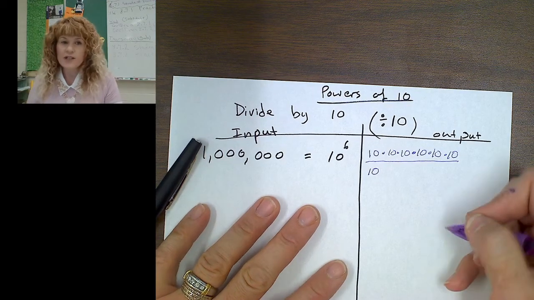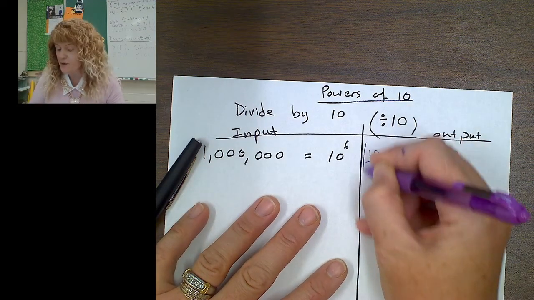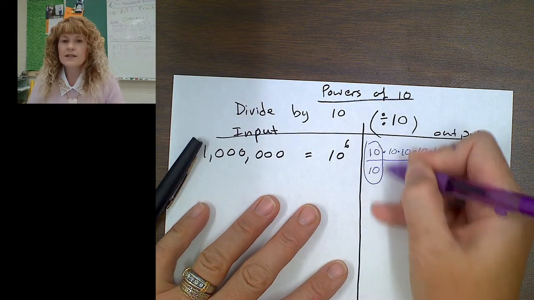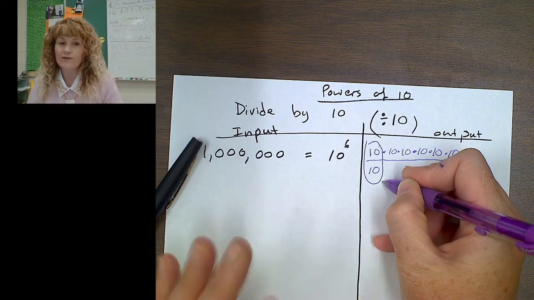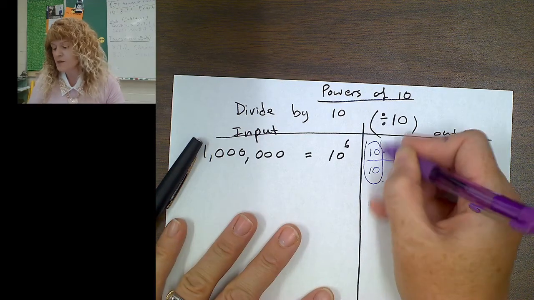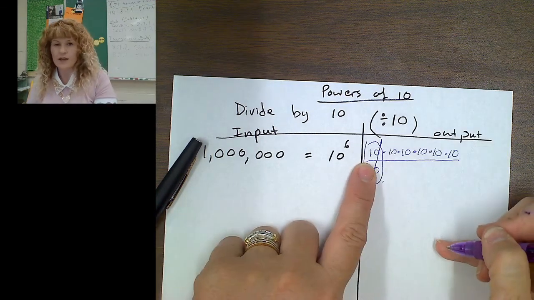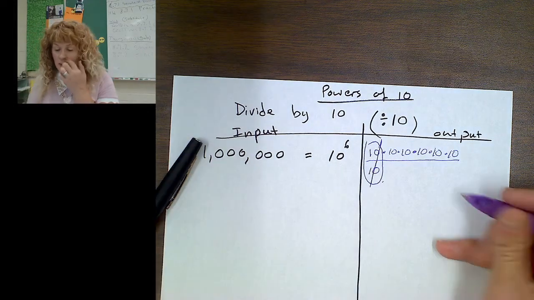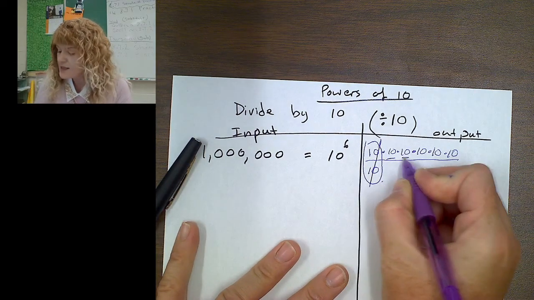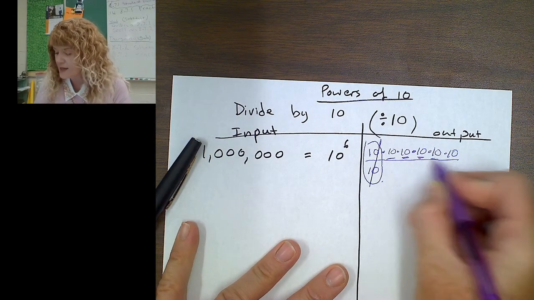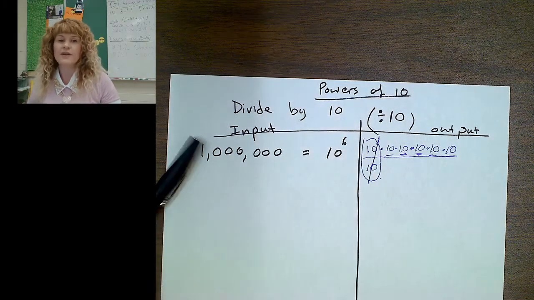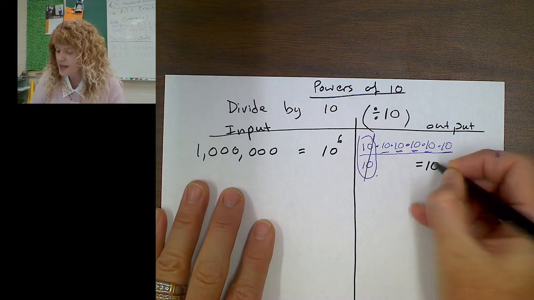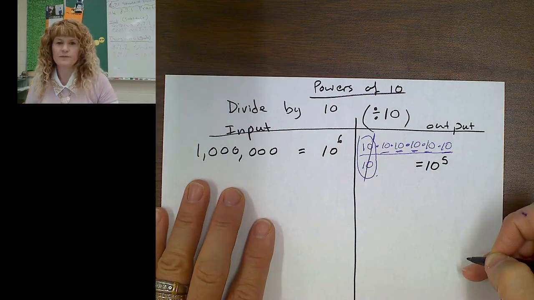If you're good at fractions and factors, you easily remember that one of the 10s is going to cancel out, because 10 divided by 10 equals 1. It cancels out because 1 times anything is the same number. So what we're left with is 10 times 10 times 10 times 10 times 10. We're left with 5 tens being multiplied. And that equals 10 to the 5th power.